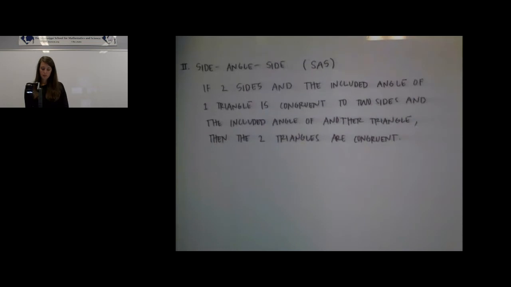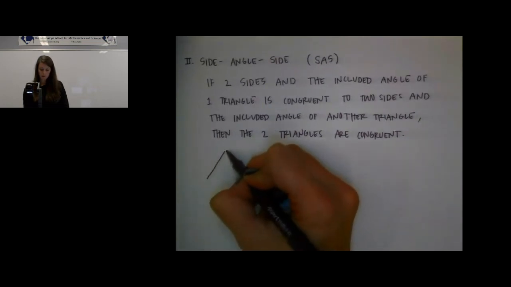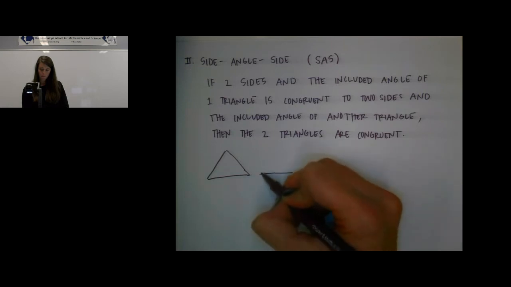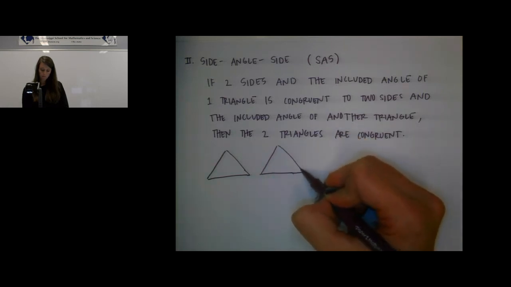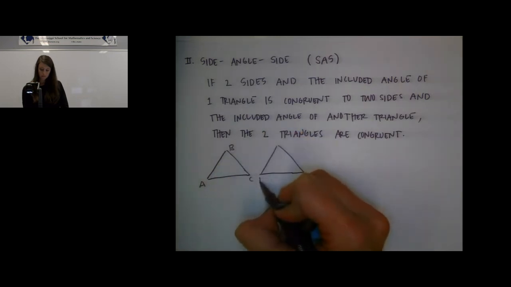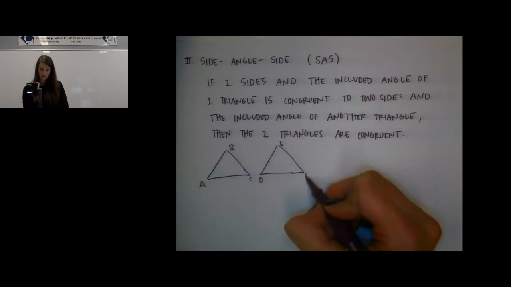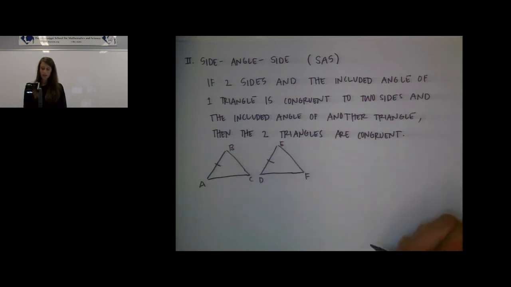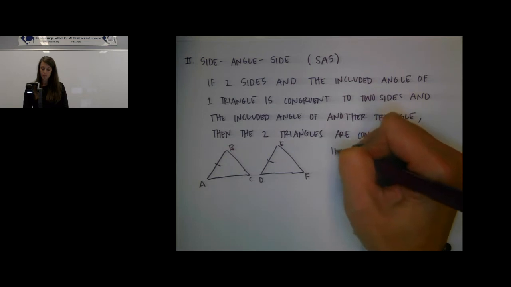Okay, so what does that mean? So let me draw my best here. Here we've got triangle ABC and DEF.